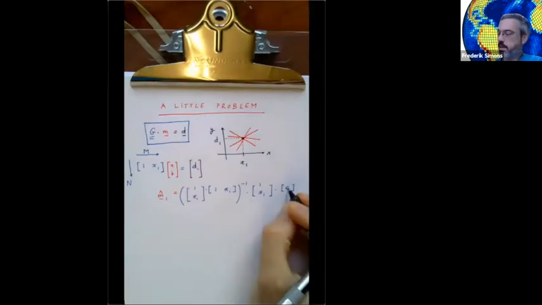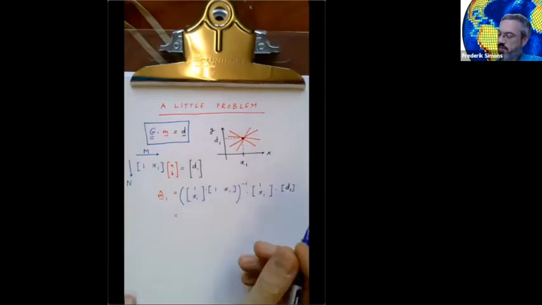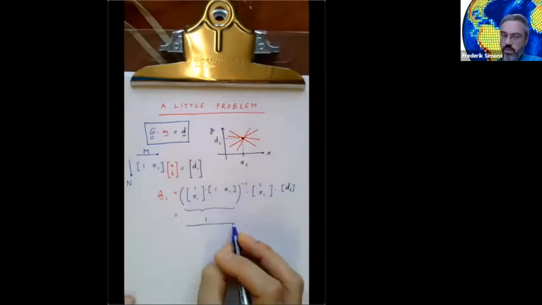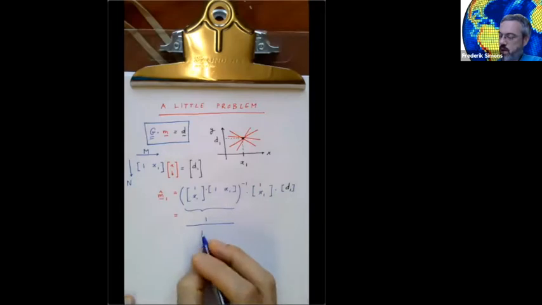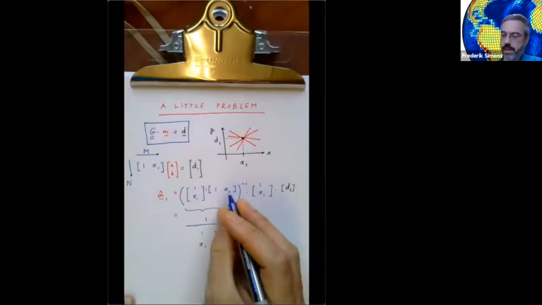You all should remember how to multiply matrices. This one here is going to give you a term that is 1 over, as in the inverse of, a thing that is going to be 1, x1, x1 again, and x1 squared.